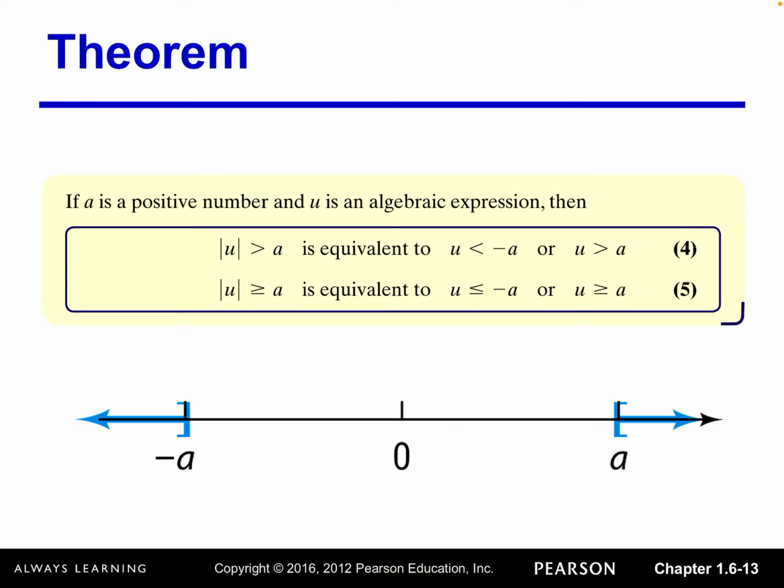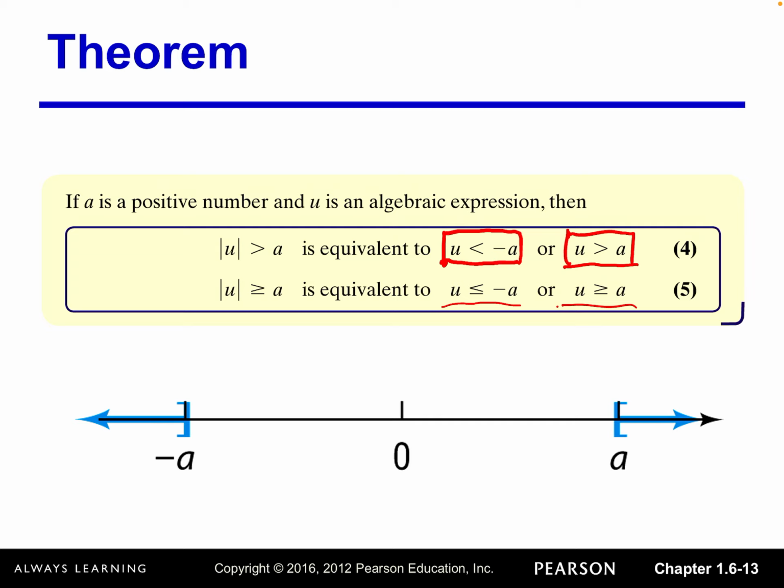If A is a positive number and U is an algebraic expression, then absolute value of U greater than A is equivalent to a solution set of two single inequalities in the opposite direction: greater than positive of that number or less than negative of that number. With an equal sign it is the same, just add the equal sign, nothing else is different.